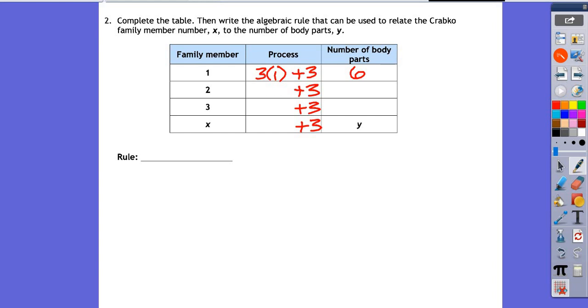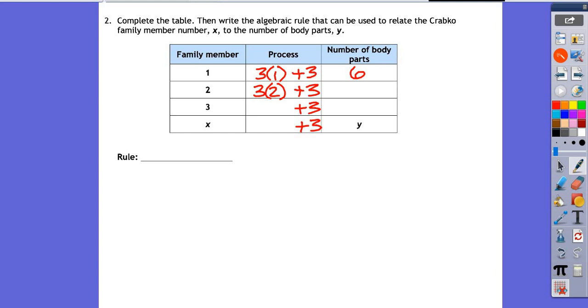Oh, so you would add it on top? Add what on top? 3 plus 3. Yes. The second member had the arm, leg, and top. Then looking at its core, how many sets of 3 did it have for its core? 2 sets of 3.